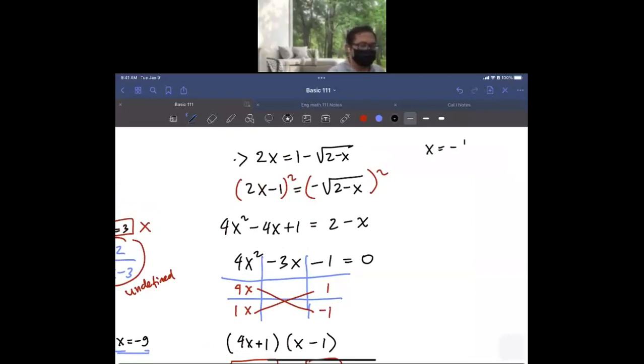Let me write here. X is negative 1 over 4. 2, negative 1 over 4, 1 minus 2 plus 1 over 4. This will be negative half. This will be 2 plus 1 over 4 is 9 over 4. It's 3 over 2. So 1 minus 3 over 2. It's true, right? It's correct.